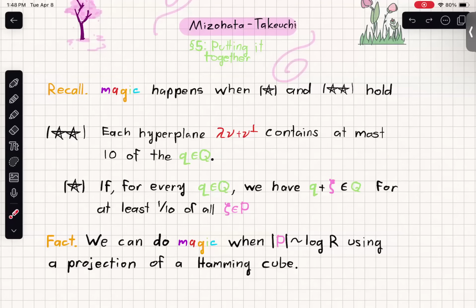We want to construct a set P and a set Q, so that both of these conditions hold. And I just wrote it as a fact. You can find it in my paper. But basically, if P is of size log R, then we can construct something that will satisfy both of these conditions. And there's a way to verify that.